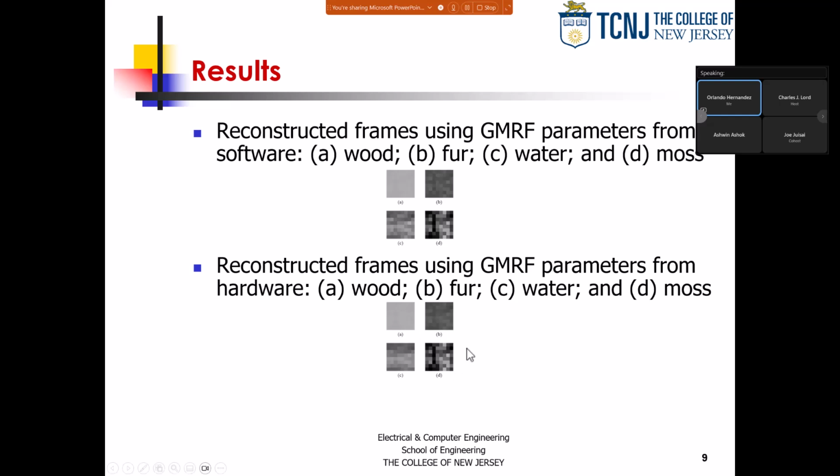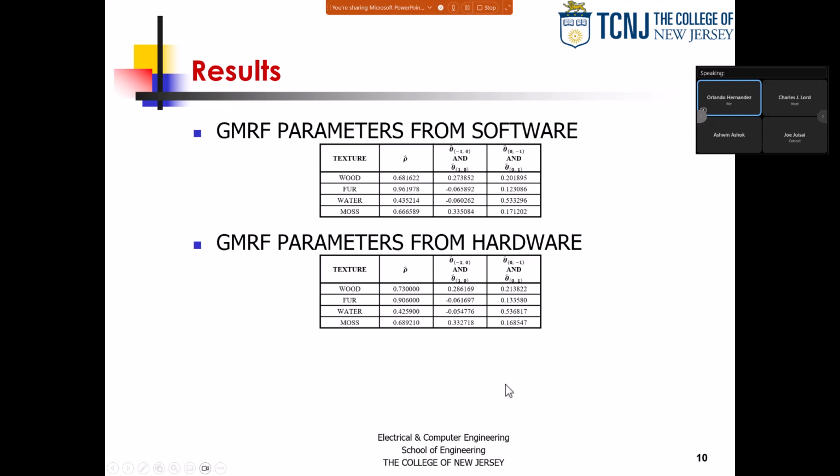And we can see that they're visibly very similar, but also we computed these are the actual parameters in floating point format after we got them in fixed point for the hardware implementation.